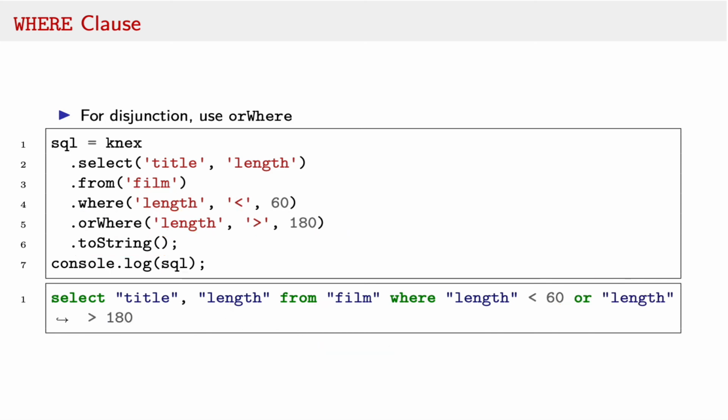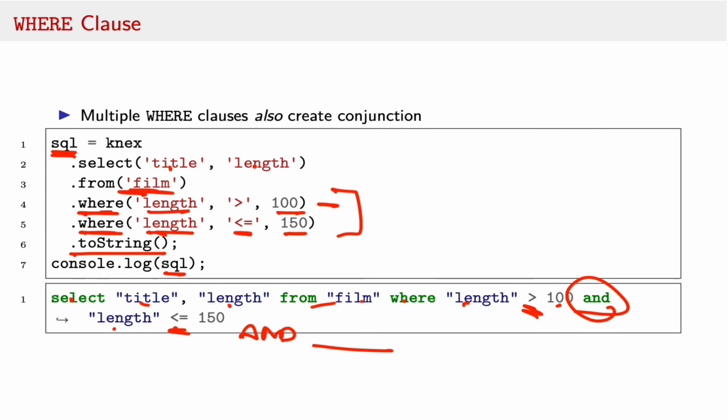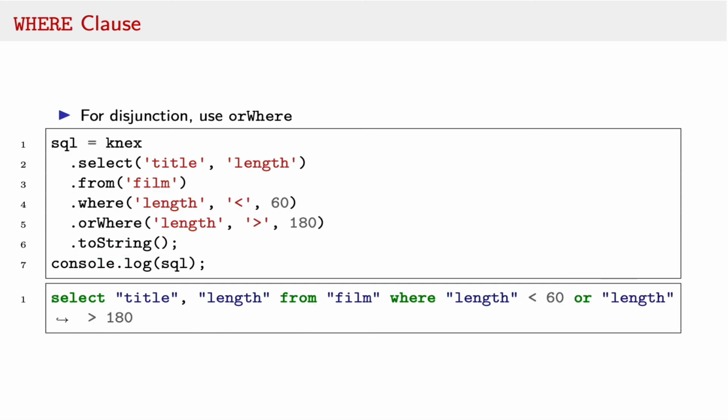Now we also might want to do an or. Well, it turns out that ands are quite a lot more common in practice, so the Knex syntax makes that the easiest. If we want to have ors in our where clause, we have to use a slightly different method called orWhere. This is otherwise pretty much similar, except that we're now asking for movies that are shorter than 60 minutes or greater than 180 minutes.